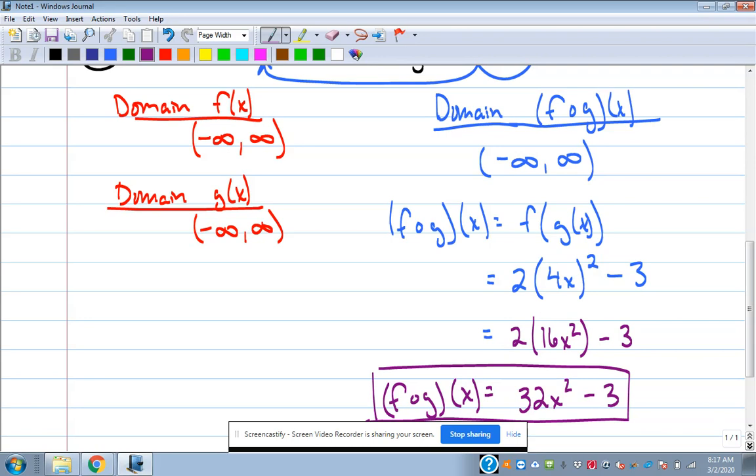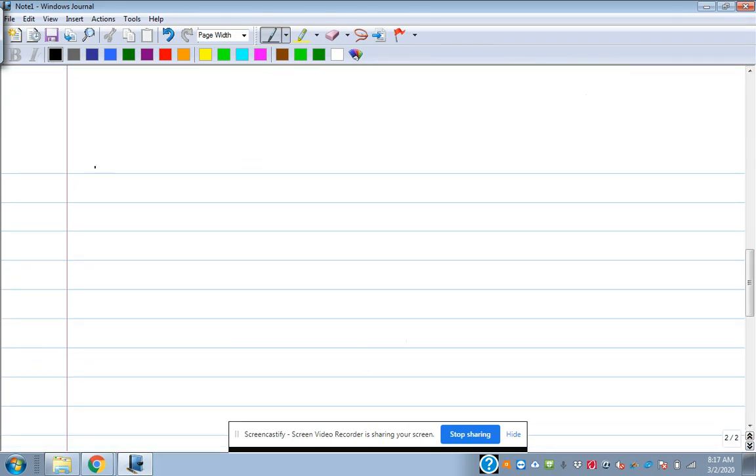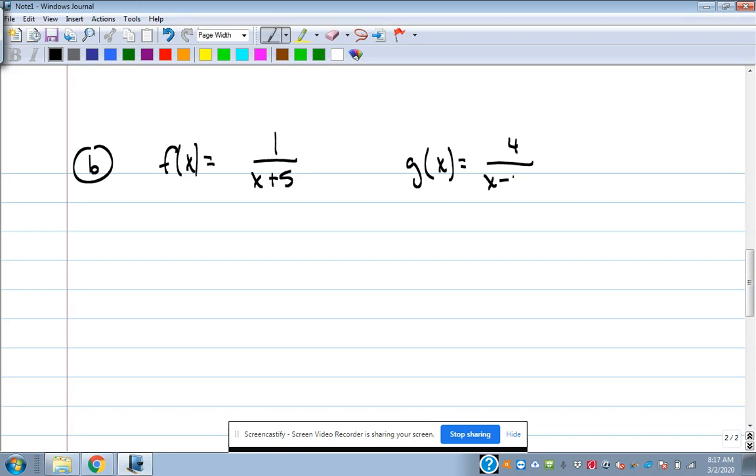All right. Example B. All right, so we didn't have any restrictions on example A. So let's make sure example B does. Okay.